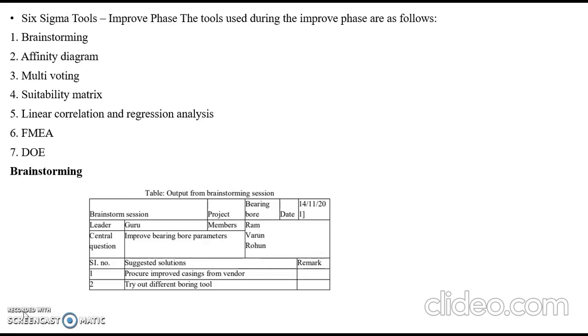Here, brainstorming is a general tool used in earlier phase of Six Sigma improvement methodology, and the same tool is used to identify various possible solutions to eliminate the root cause of the problem. During the brainstorm, the team members and invitees and those who are interested in the project discuss the cause of the problem and come out with the number of solutions to overcome the problem.